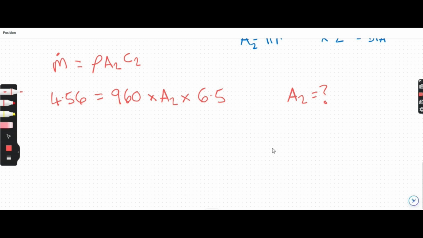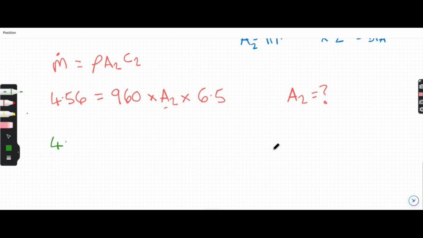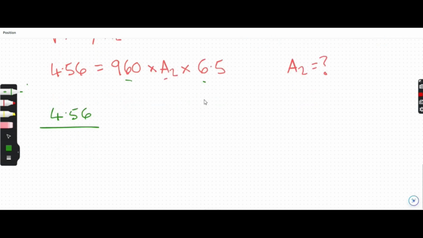So all I'm going to do now is rearrange this formula. I'm going to leave the A2 here. So I'm going to do this. 4.56, I'll leave that there. 960 and 6.5 are all multiplied, so the opposite is divide. So I'm going to divide all of this by 960 times by 6.5.